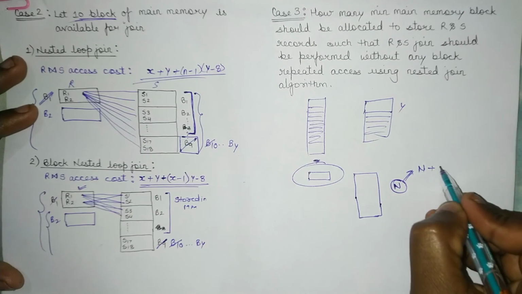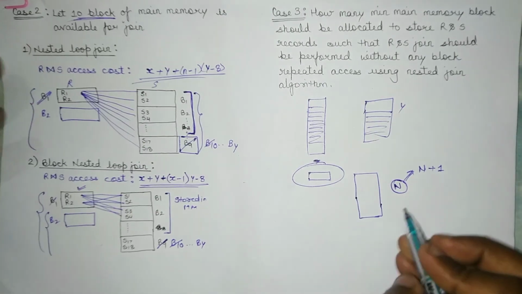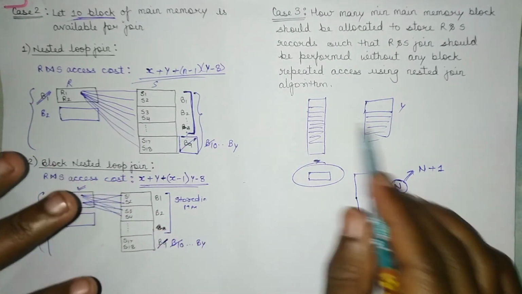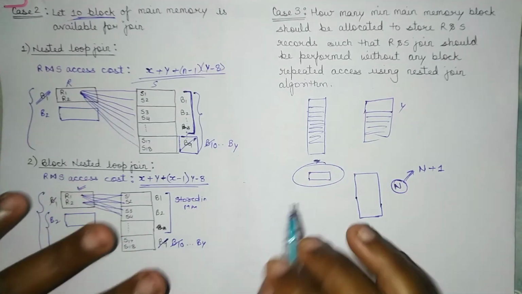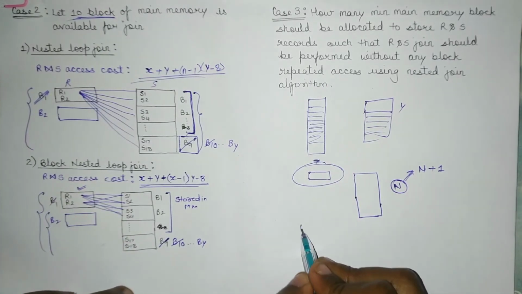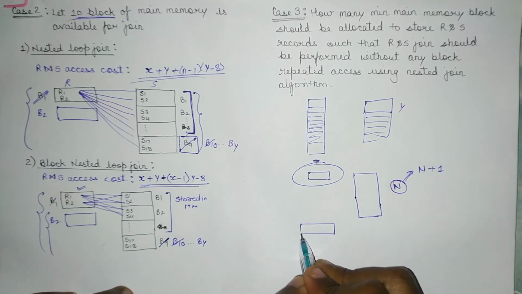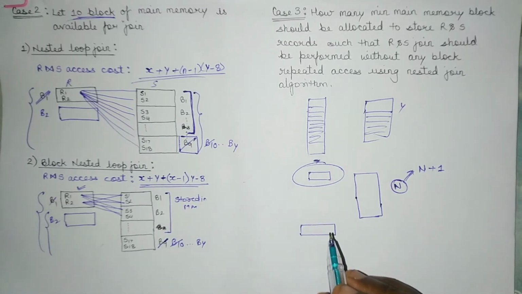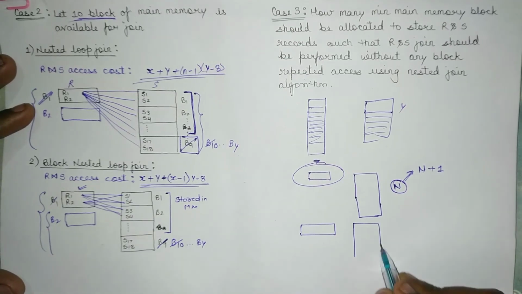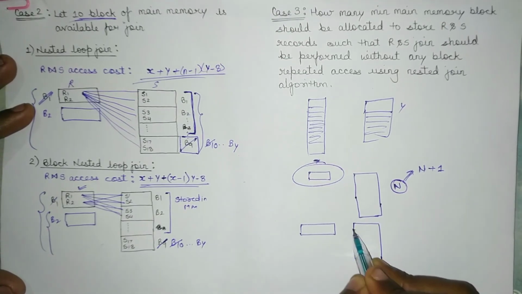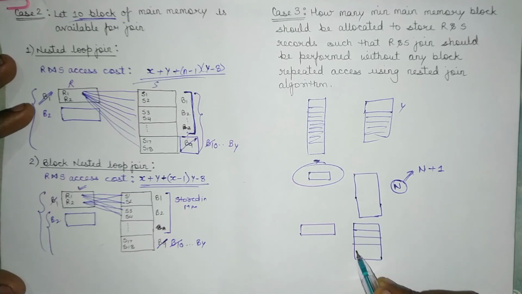for the outer relation. So what is the meaning? The minimum records out of these two. Let me explain it once again. See, we have to take one block at a time for the outer records, and for the inner records we have to access again and again, right?